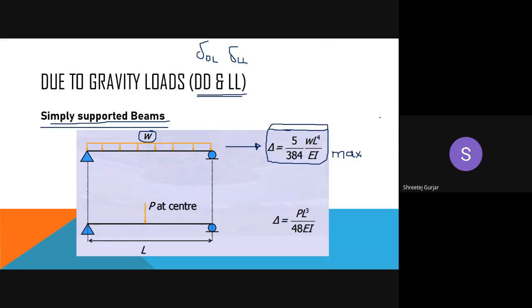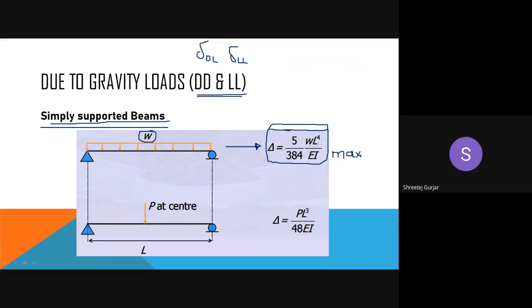Where is our maximum deflection occurring in this beam? Is it at center span, at support, or at any other point? No idea? Can you guess? Yes, at center. Correct answer. So it will occur at center.